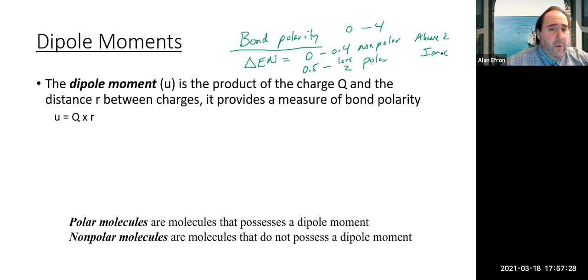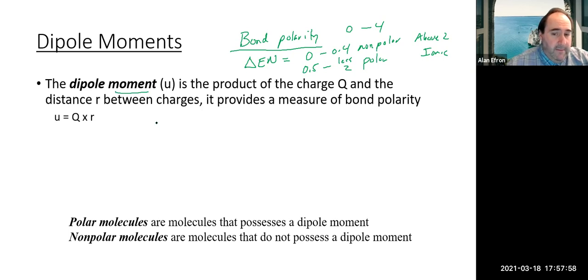bonds. Now, when we talk about molecular polarity, what that means is we're talking about the entire molecule as a whole. And it does depend on the type of molecule you're dealing with as to what you should look at in terms of whether this molecule as a whole is going to be polar or nonpolar. If something is polar, it will have what is referred to as a dipole moment.